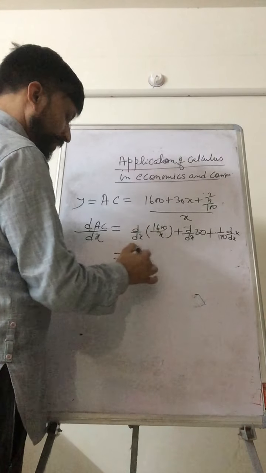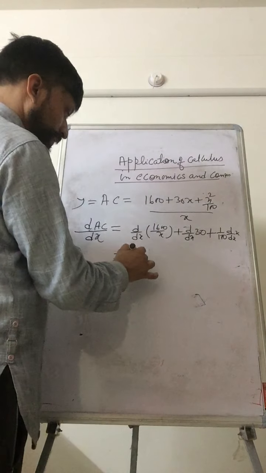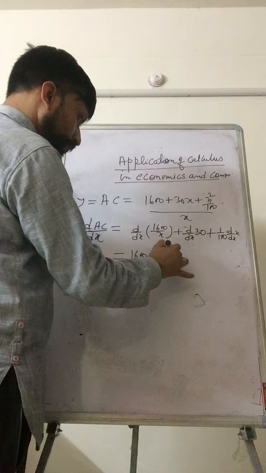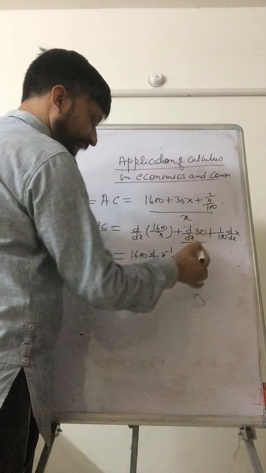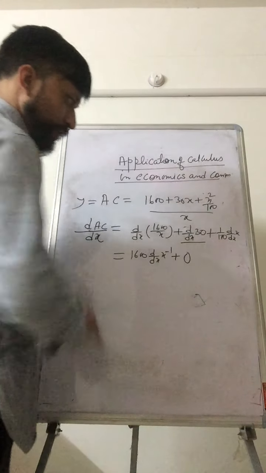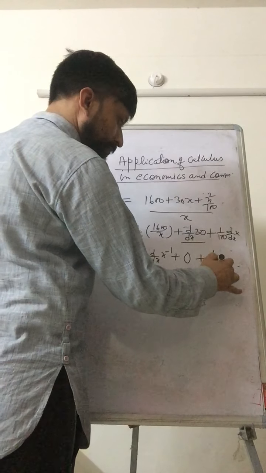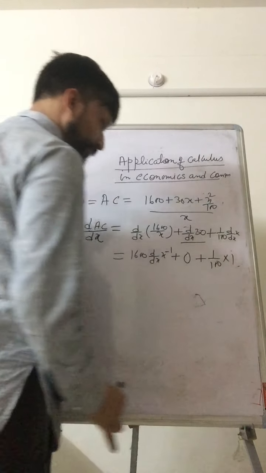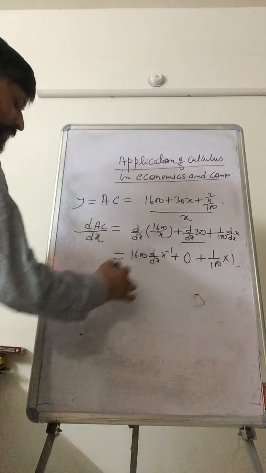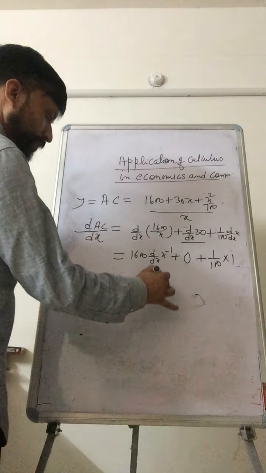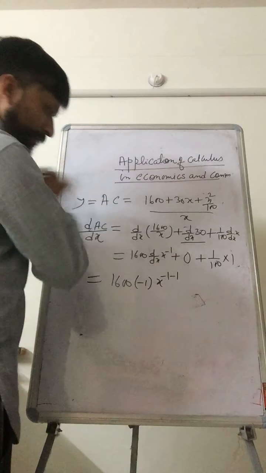If we simplify, we are getting 1600 outside, d dx of x to the power minus 1. d dx of any constant is always 0, and the derivative of only single x means 1.